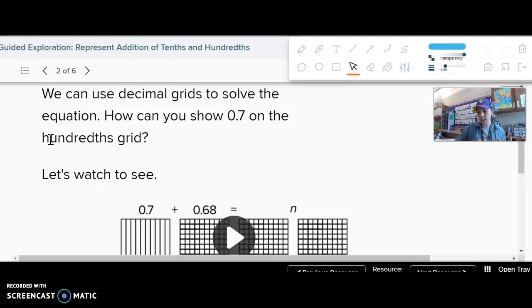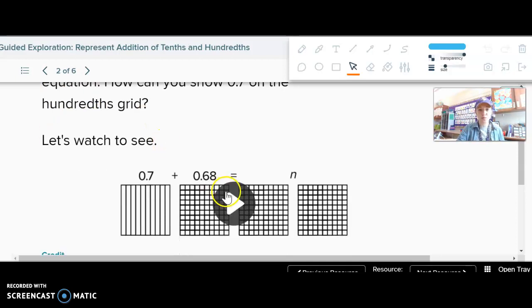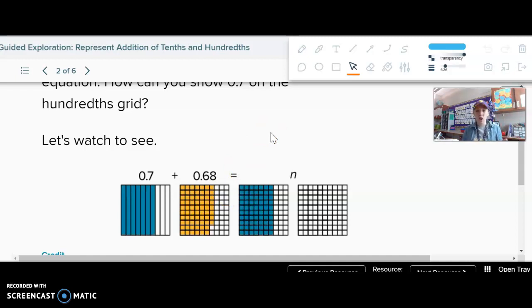But what I want you to think about is, how can we show 7 tenths on the hundredths grid? Because I can't just color in 7 of the little pieces. So what would I do? All right, here's the 7 tenths. There's a 68 hundredths. Oh, I fill in 7 whole rows.